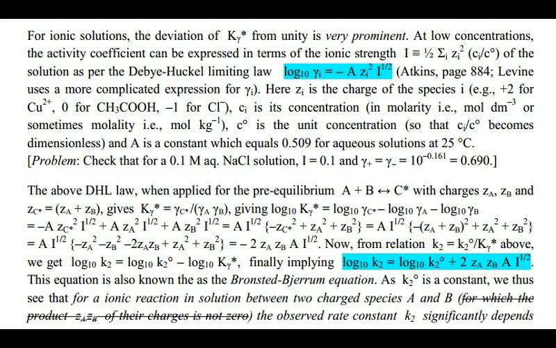How does the concentration of all the ions matter? We can see it. So we see that log 10 of the observed rate constant is equal to log 10 of the hypothetical rate constant, in which the concentrations of all ions are practically zero.